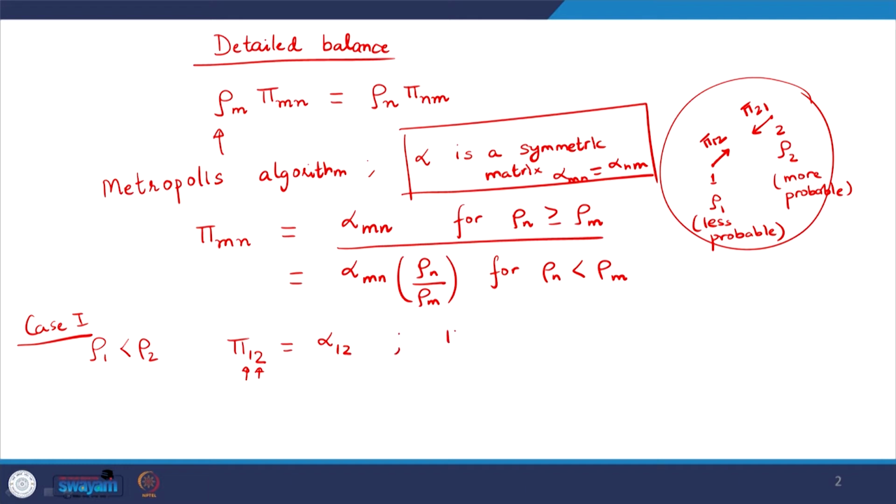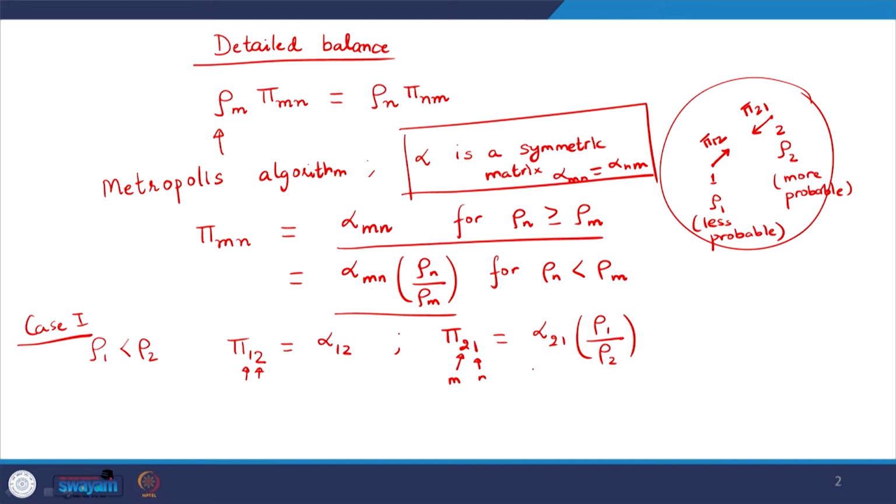Pi 2 1 on the other hand, now 1 is my n and 2 is my m, will be obtained using the second relation, and that will be alpha 2 1 multiplied with rho 1 by rho 2.